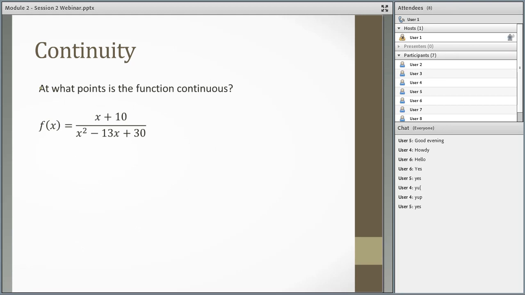So at what points is the function continuous? Well, sometimes it's easier to think about what points is the function discontinuous. And where would this function be discontinuous? How could we figure out where it would be discontinuous? Well, we could graph it, but that's not always an easy way to do this.